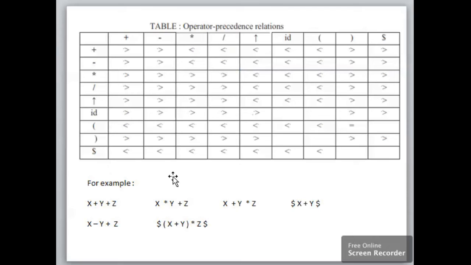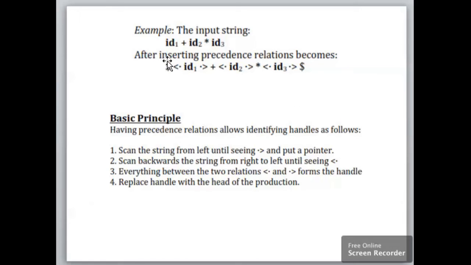Comparing the dollar with id, we find id is having a higher precedence, so I will be putting the relation between the dollar and the id1 as id1 having a higher precedence compared to dollar. Same way I would be comparing id1 with plus, I would find id1 is having a higher precedence compared to the operator plus. In the same manner, plus compared with id2, id2 would be having a higher precedence as per my table.